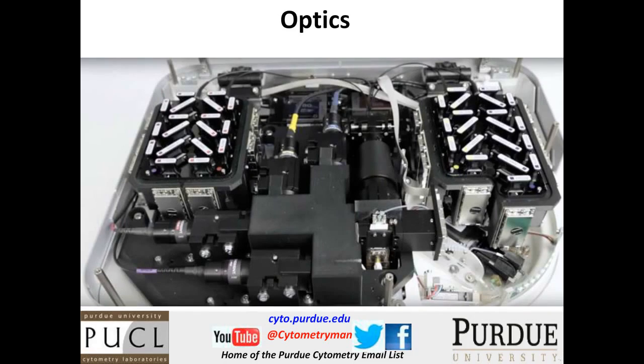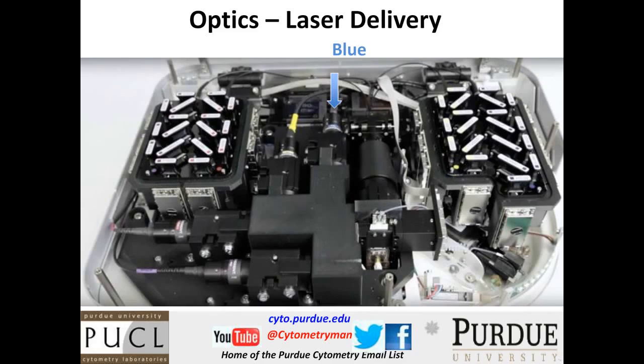So coming back to that original picture, this is now showing us where the lasers are. And we have the possibility of multiple lasers. The instrument that I have in my lab has 4 lasers, but I understand that you don't have to have 4 lasers.